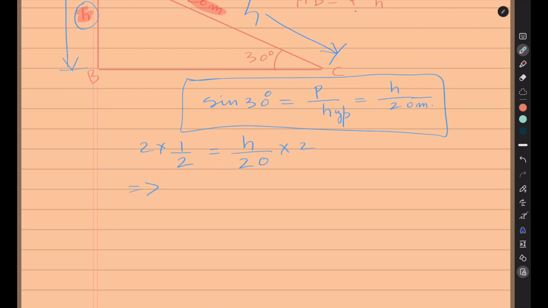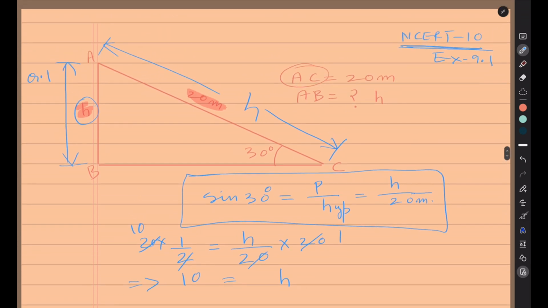We can multiply both sides by 20 so that we get H here, and we get 10 here. So the height of the tower will be 10 meters.